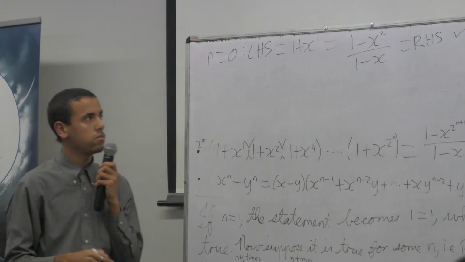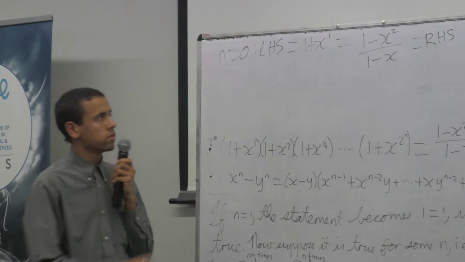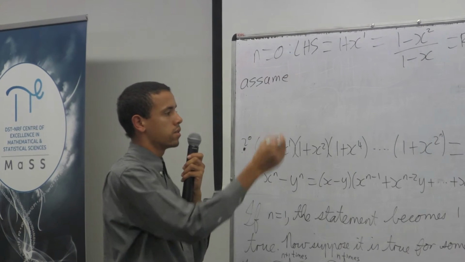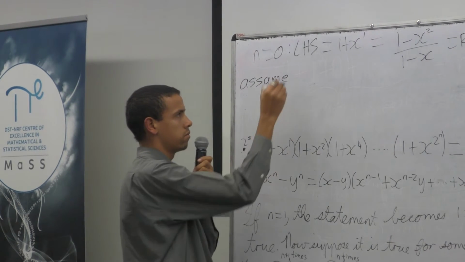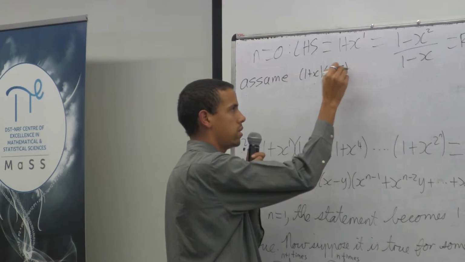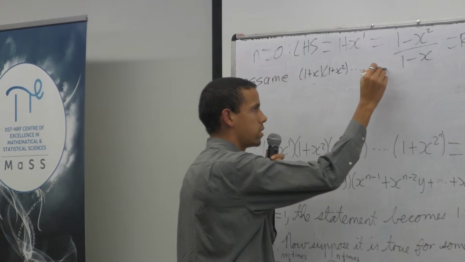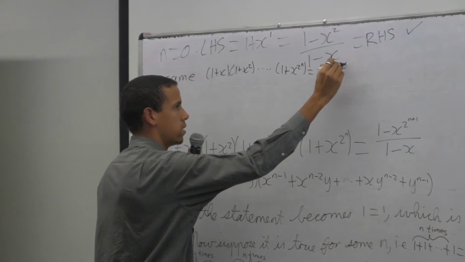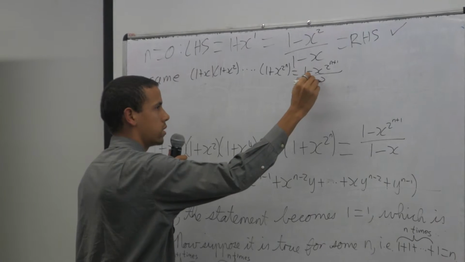And now we assume it for n. In other words, we're assuming that 1 plus x times 1 plus x squared, up until 1 plus x to the 2 to the n, is 1 minus x to the 2 to the n plus 1 over 1 minus x.